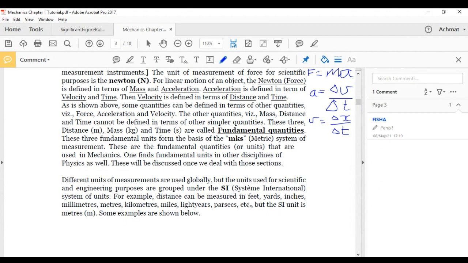So you might find a distance measured in feet, for example, or in yards, or in inches, or in millimeters, meters, kilometers, miles, light years. Can you believe this? A light year is a measure of distance. That is distance traveled by light in 1 year. Light is limited, right? It takes time to travel. You can find out what the speed of light is.